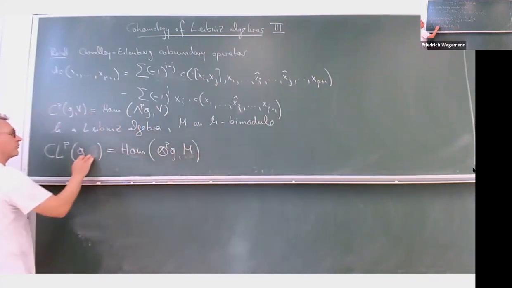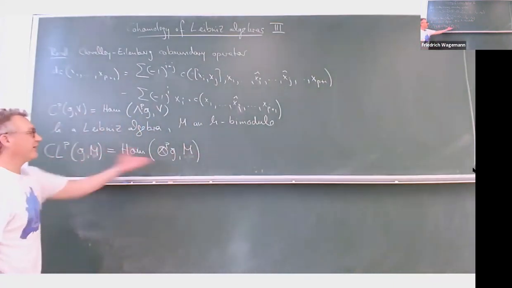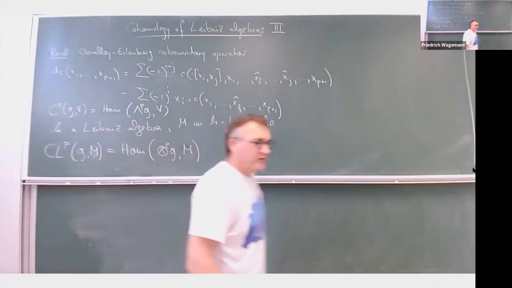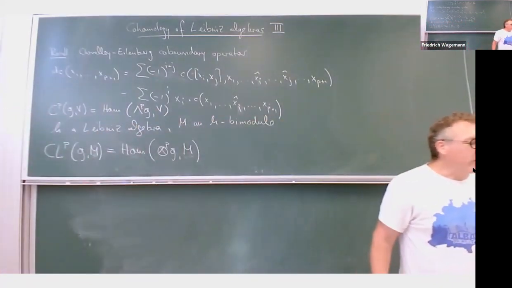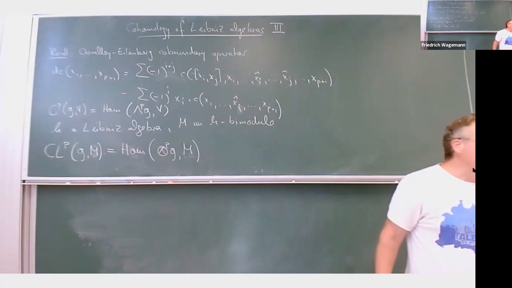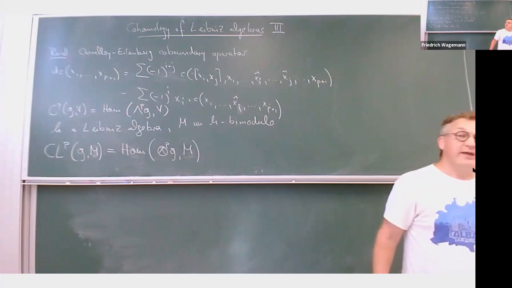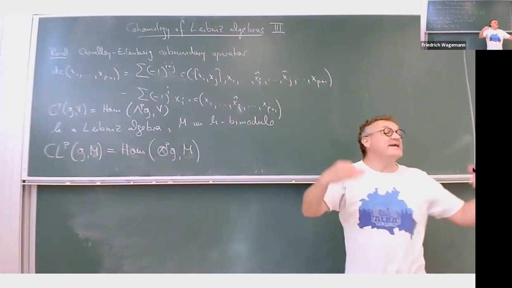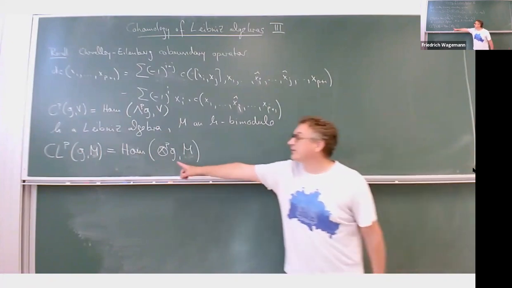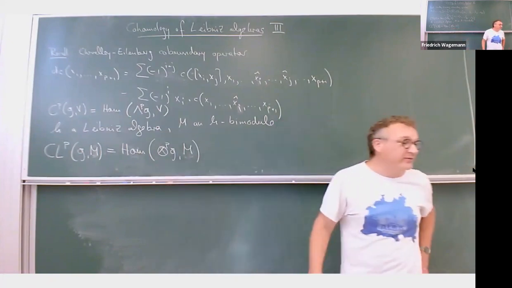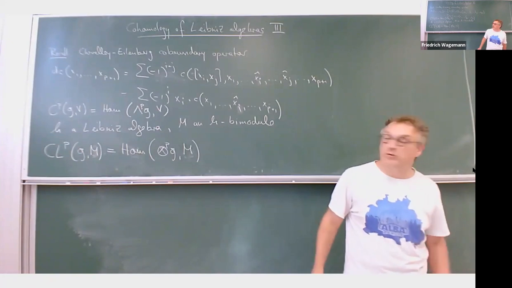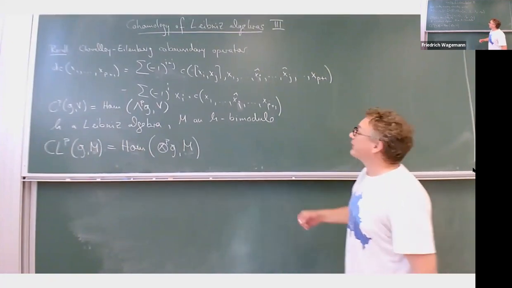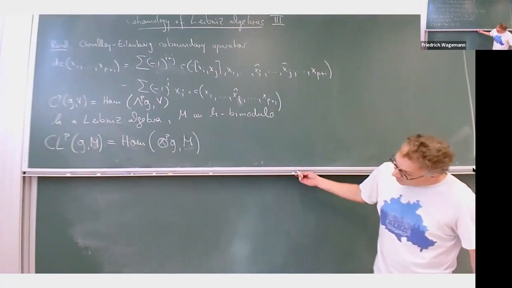So this is then cohomology with values in M. I already told you that what Jean-Louis Loday found in the early 1990s is that the Chevalley-Eilenberg coboundary operator lifts to the tensor complex. And this is exactly what the coboundary I'm now writing down is all about.